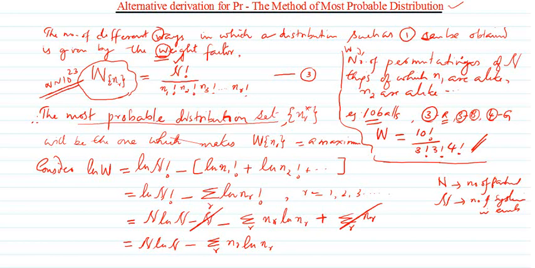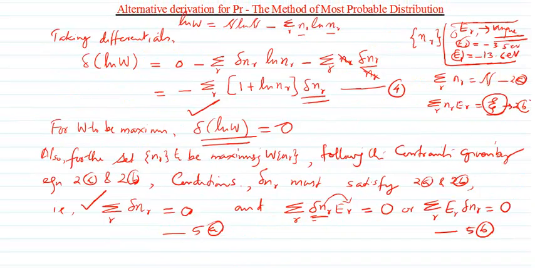And since W is a very large number, we consider maximizing log of W in place of W, which practically gives the same result. So for W to be the maximum, we have obtained delta of log W is equal to 0, or the differential of log W should be equal to 0, which is given by equation number 4.